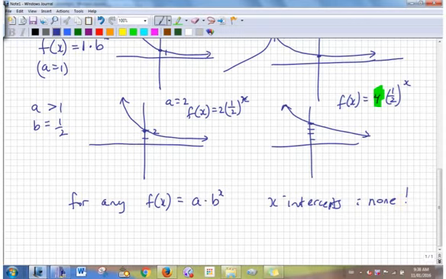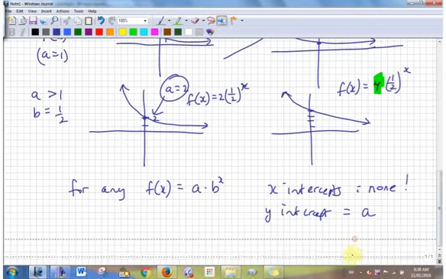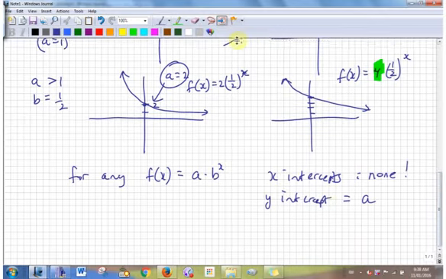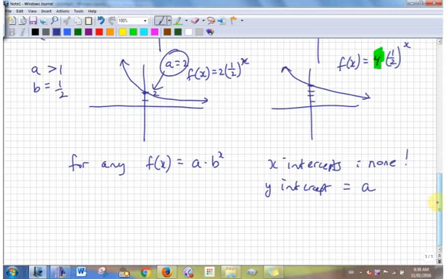And they ain't never gonna, in proper English. Y-intercepts? I was trying to lead you into that, but let's write it down. A is the y-intercept. Okay? For all of them. So not much differences as far as like last chapter. Quadratics versus cubics, okay? Different things are going on. These are all the same as far as that goes.